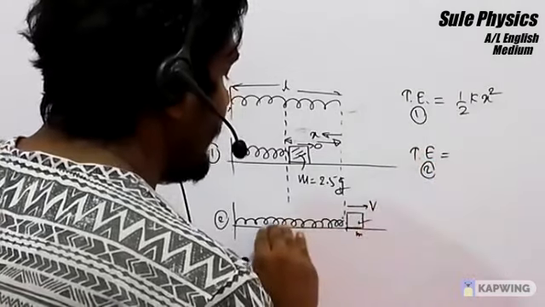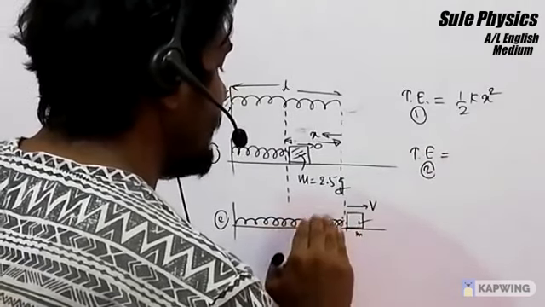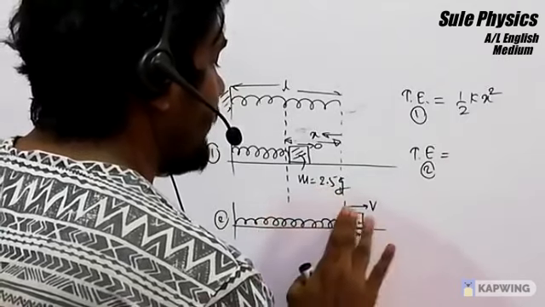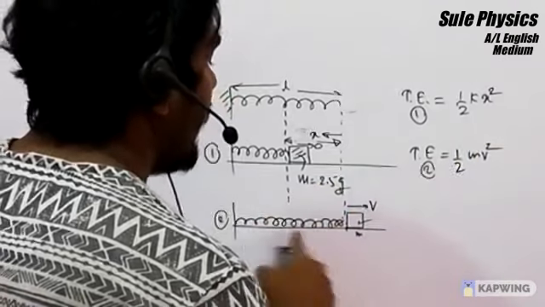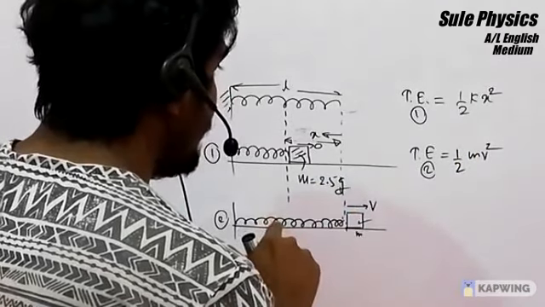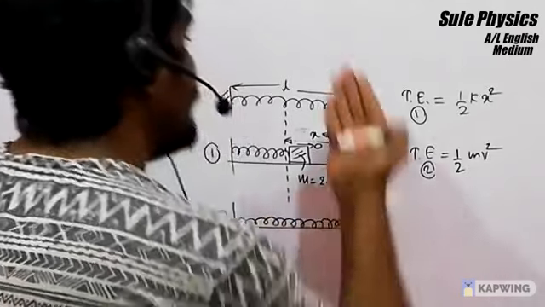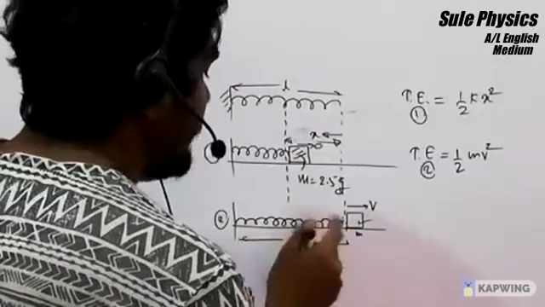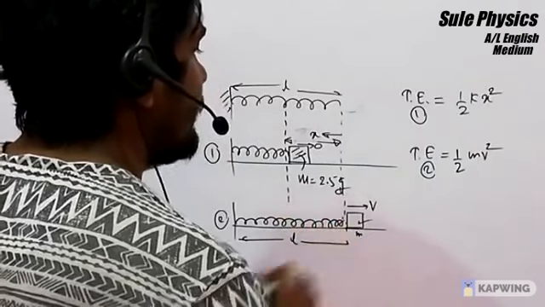There is no potential energy due to the elevation because the system is on the ground, so 0. The kinetic energy obtained by the mass is half mv squared. Is there any elastic potential energy? No. Because the spring is back to its natural length, L. Whenever a spring is stretched or compressed, only then is elastic potential energy induced.